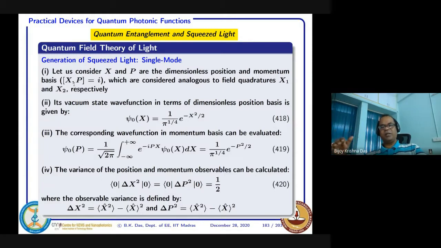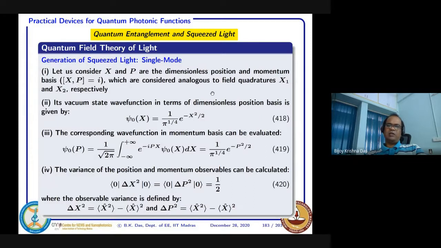We have just multiplied something to scale it, to treat them just like a number. That's why delta x1, delta x2 was coming like 1/4. Here also you assume X and P are position and momentum, and they commute to i, that we have learned earlier.